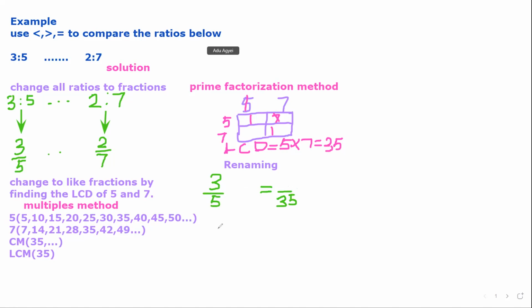Then when you take the other fraction, which is 2/7, you leave a space here. Then the new denominator that will make these two fractions be like fractions is what? Is 35. Okay. That is why it must be equal to the LCM or the LCD that you find. Are you okay? Good.